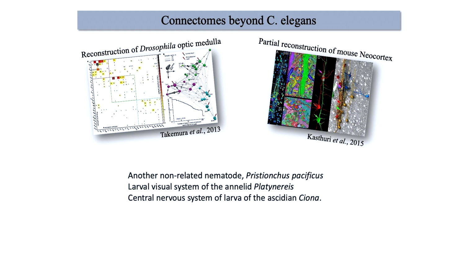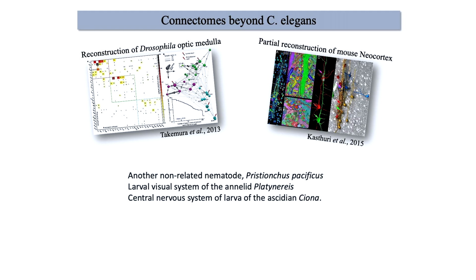After C. elegans, now we have the connectome of some part of the Drosophila brain, some part of the mouse, and also a different nematode, Pristionchus pacificus. This is a predatory nematode, so they can feed on C. elegans also.